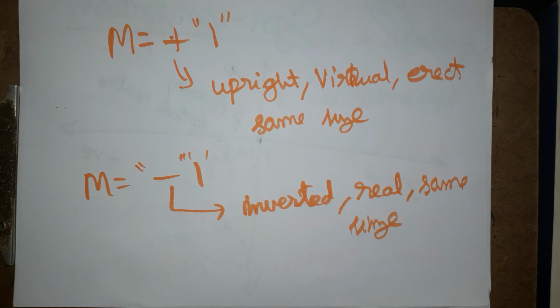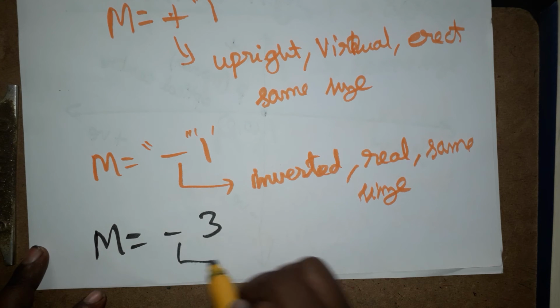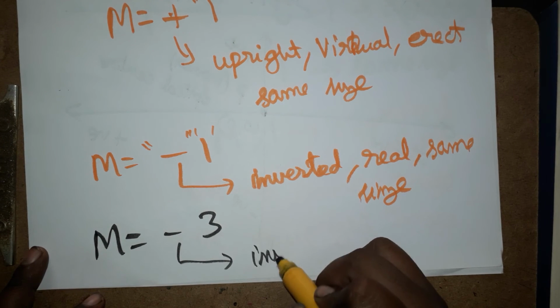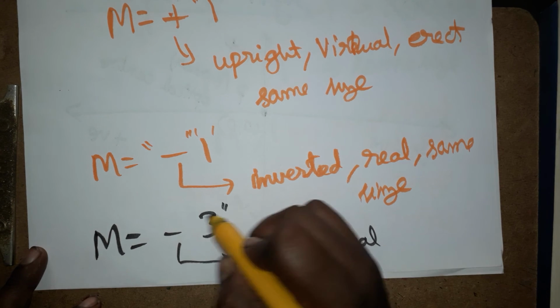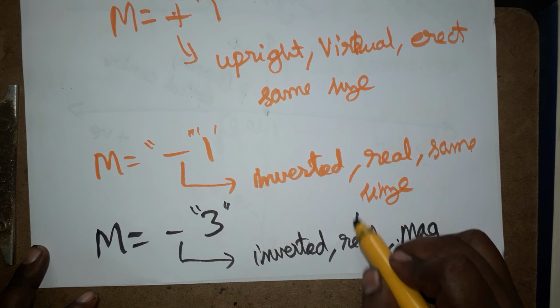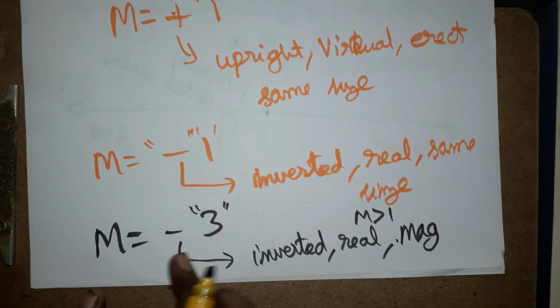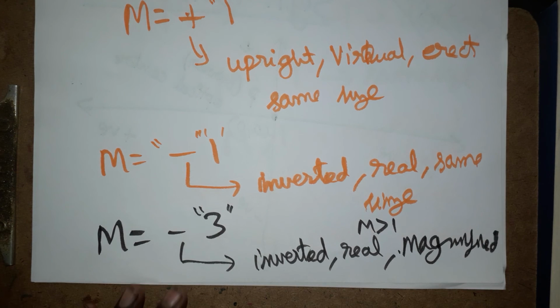Next one, in case for example I got m equal to minus 3. Minus is for inverted, which means real only. 3 indicates it is a magnified image because m is greater than 1. Don't take minus 3 as less than 1. Minus separate, 3 separate. It's a magnified image.